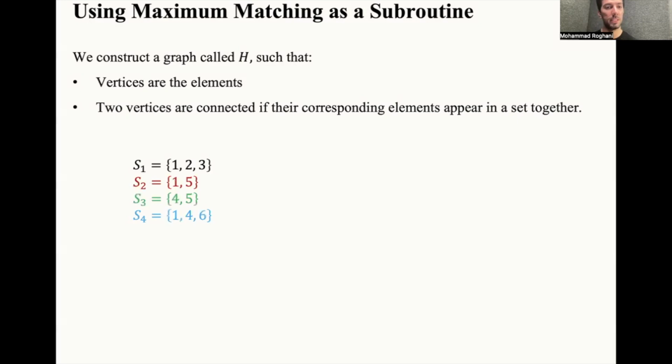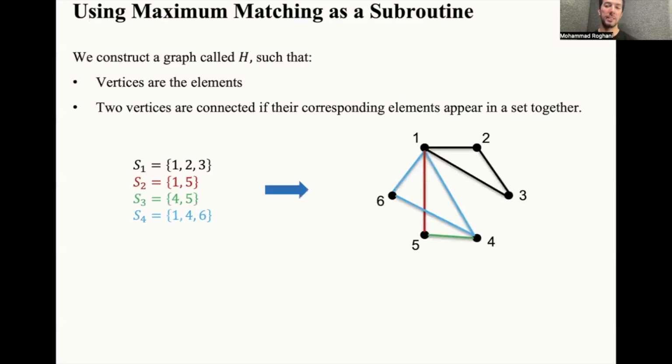For example, in this instance we have 4 sets and 6 different elements, so the graph contains 6 vertices, and 2 vertices are connected if they appear in the same set at least once. Here you can see that the black edges correspond to set S1, the blue edges correspond to set S4, the red edges correspond to set S2, and the green edges correspond to set S3.